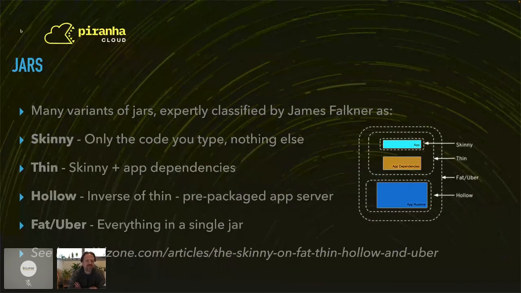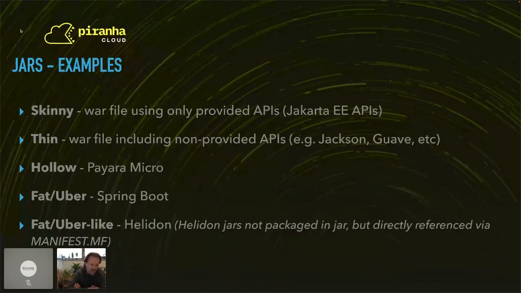Okay, so some examples, we mentioned a few of them before. A skinny jar is essentially a war file. There are some other examples of that, but the war file is the most well-known one. It only provides your application code and it uses only provided APIs, for example the Jakarta EE APIs here.